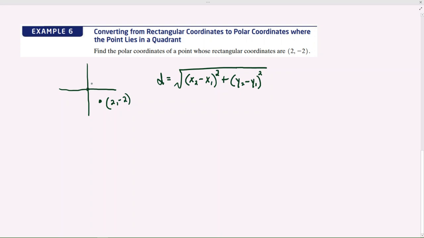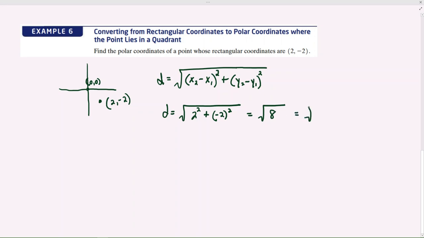Now notice that we're always using the origin 0, 0, which is the pole, as our second point. So the distance is equal to the square root of 2 minus 0 squared, so that's going to be 2 squared, plus negative 2 minus 0 squared, so that's going to be negative 2 squared. So we get a square root of 8.